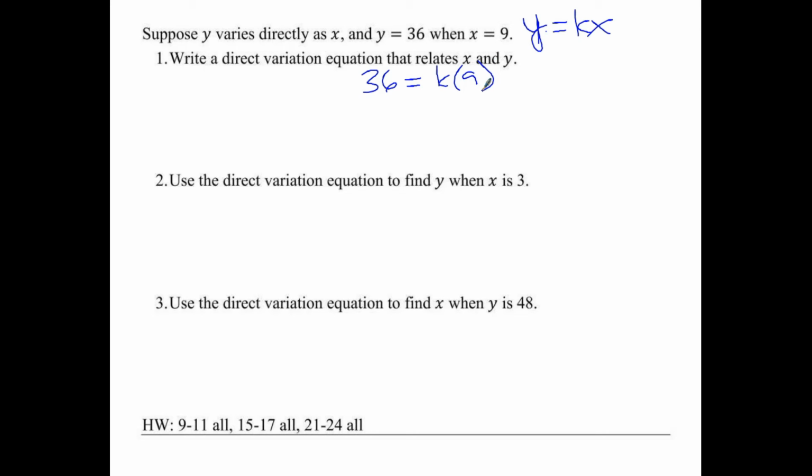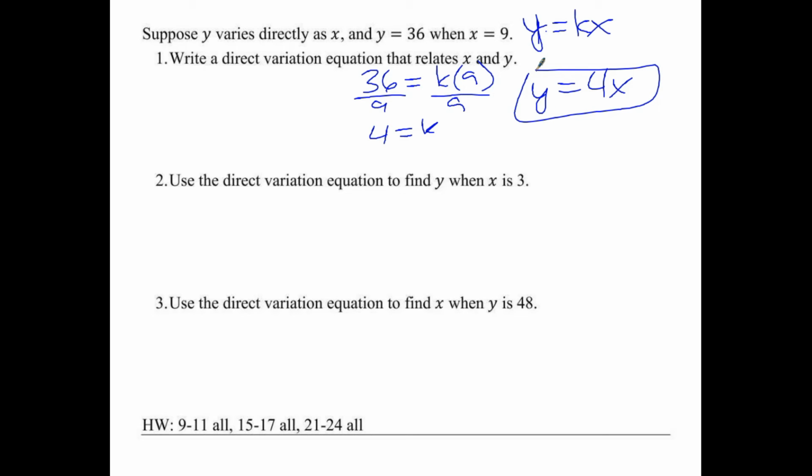So now what? Divide by 9. What do we get? 4 equals k. So what does that tell us? y equals 4x. Yep. There's your answer.